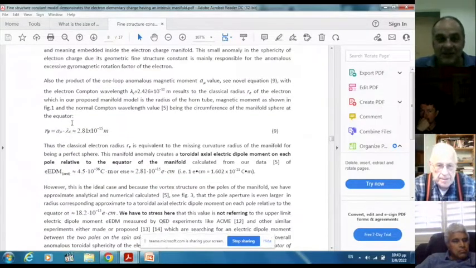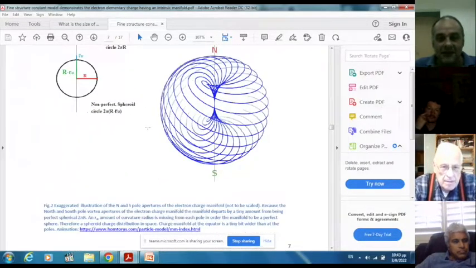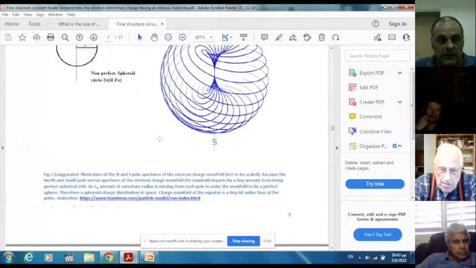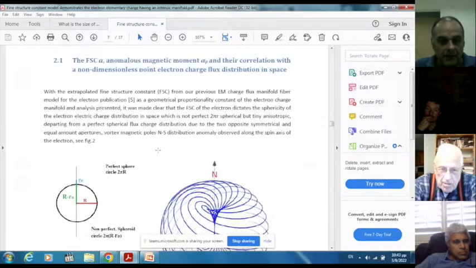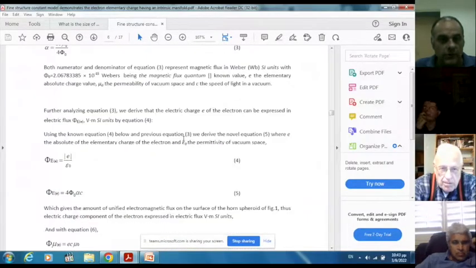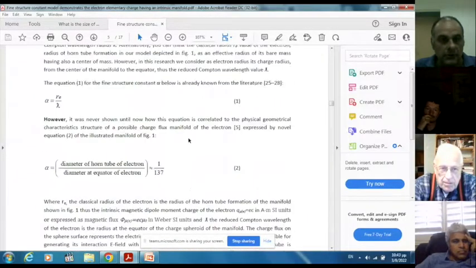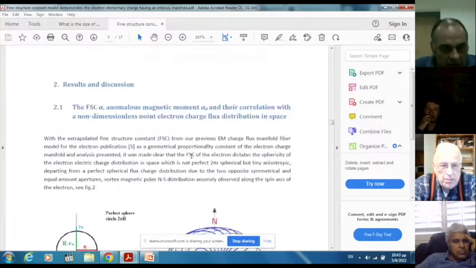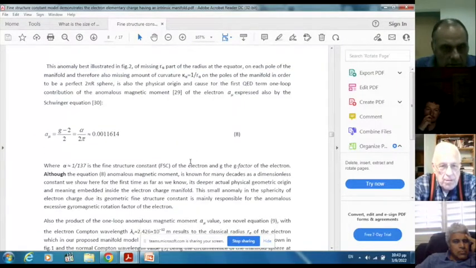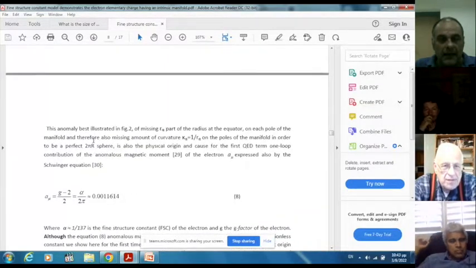So that's extraordinary because you see the Compton radius is this here. The Compton wavelength is divided by 2 pi. Where is the Schwinger term? Sorry. Okay, there. So it's 2 pi.